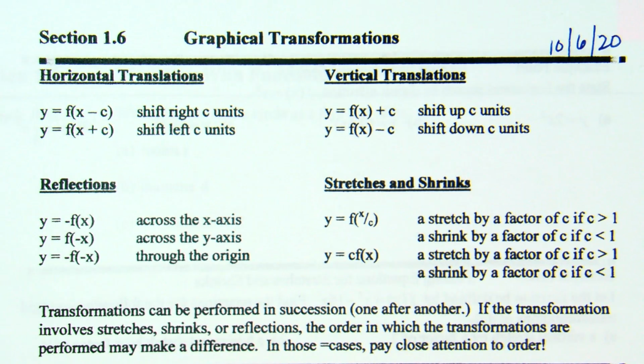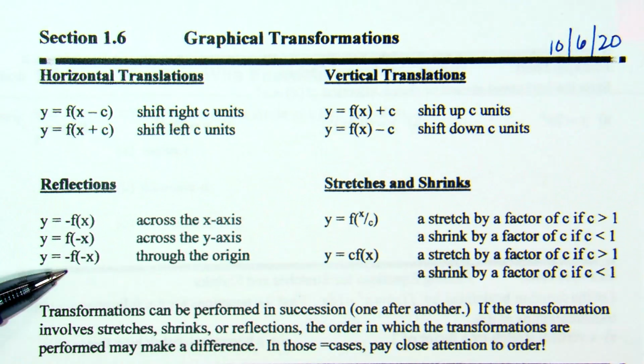Reflections. Two of these reflections are ones we had last year. Another one is a new one. Based on f of x, if you have a negative f of x, that means you take a negative and multiply it by the whole equation, then we're going to reflect across the x-axis. If it's f of negative x, where you put negative x in place of x, it's going to reflect across the y-axis.